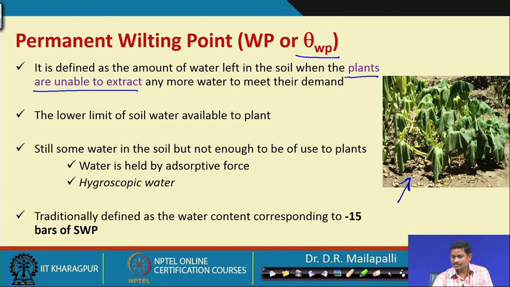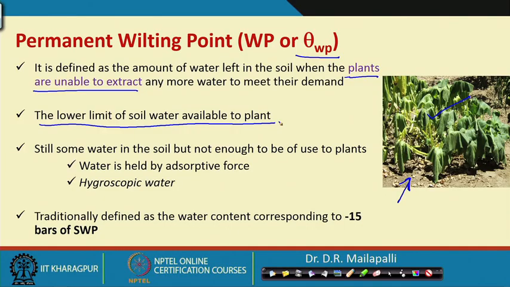You can observe these symptoms when you look at the plants. That means the plant requires water; it is reaching the wilting point level. This is also called the lower limit of soil water available to the plant. So one is the upper limit and the other is the lower limit: the upper limit is field capacity and the lower limit is the permanent wilting point.